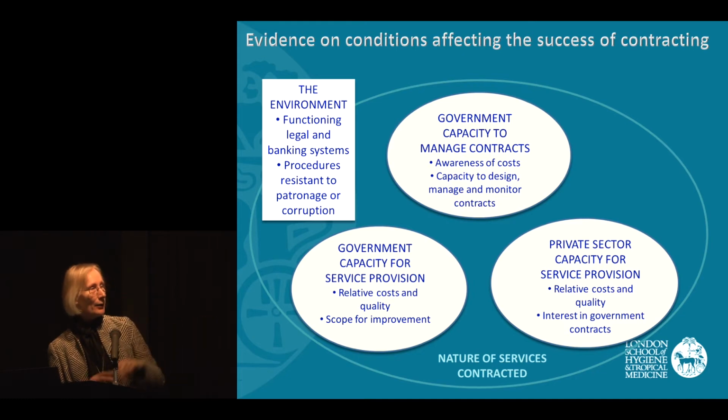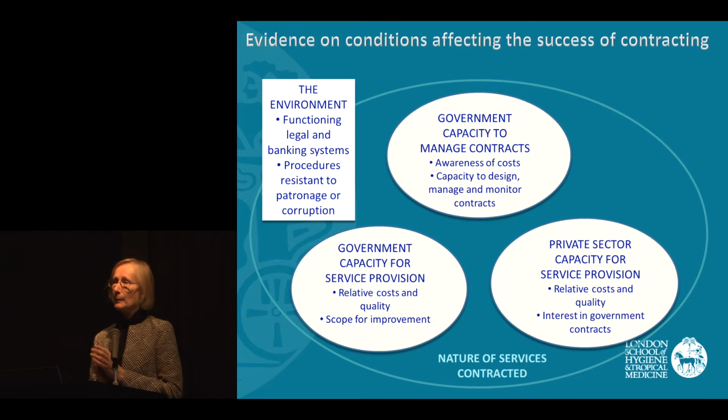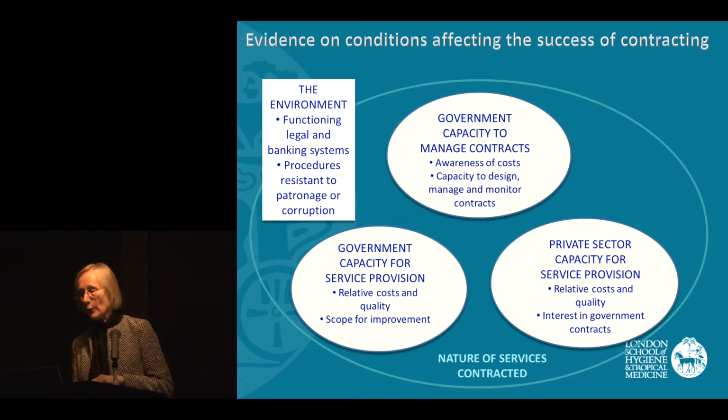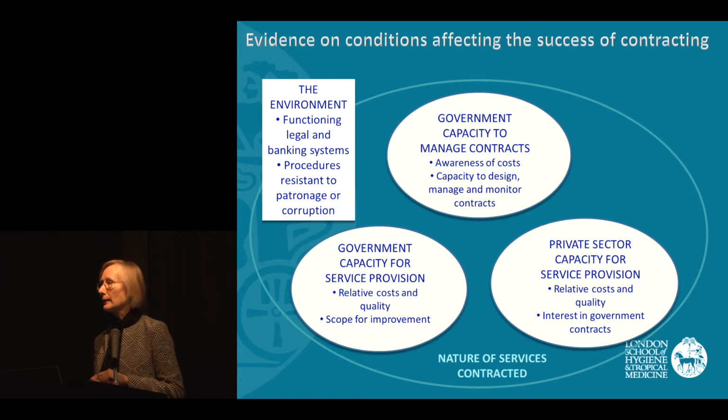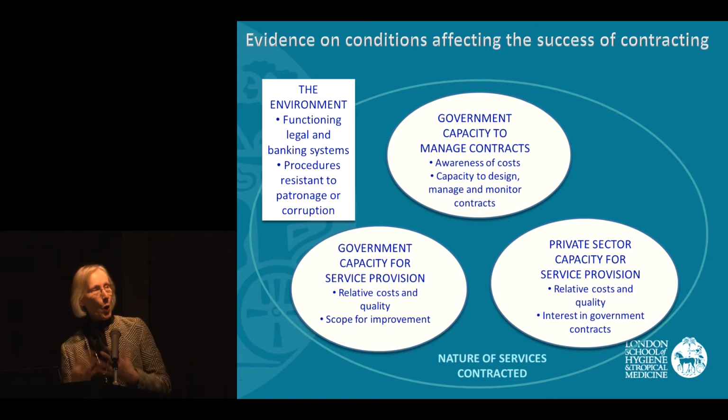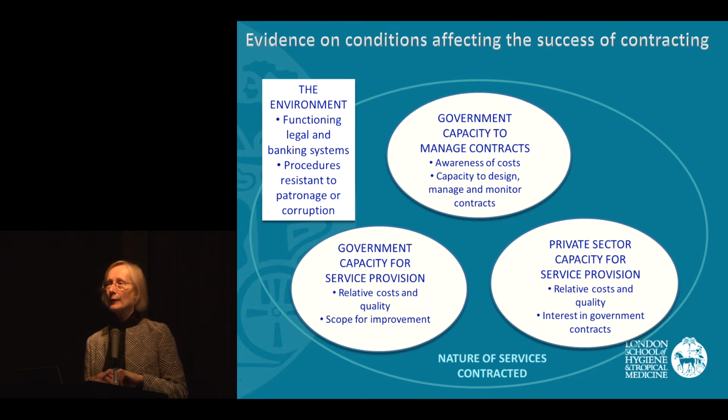On the left-hand side at the bottom, the government's own capacity for service provision matters. If it is unable to provide low-cost, good quality services, then that makes the contracting out option more attractive. The private sector also, what capacity does the private sector have for service provision and for managing contracts?